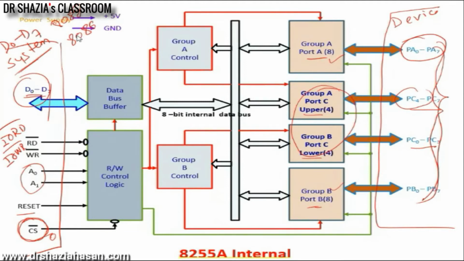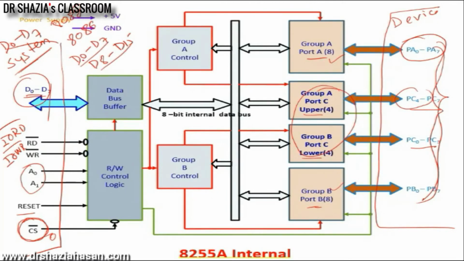It depends. We can connect D0 to D7 of the 8086 microprocessor to D0 to D7 of the 8255, or we can connect either D0 to D7 or D8 to D15 of the microprocessor to the 8255's 8-bit data bus. The 8255 has an 8-bit data bus.